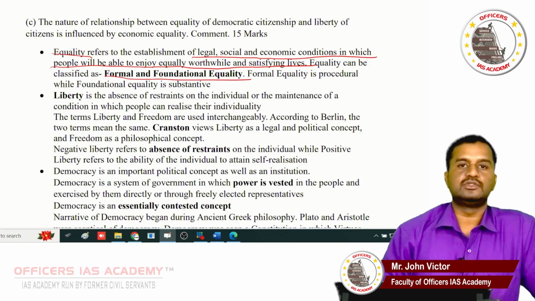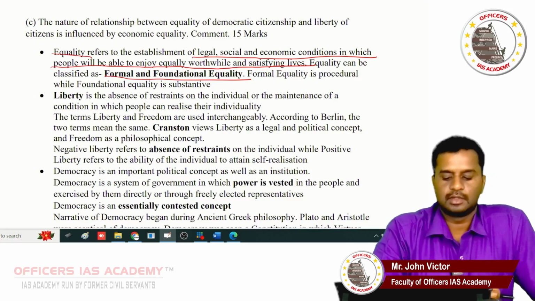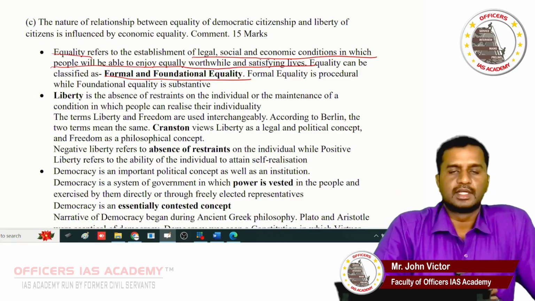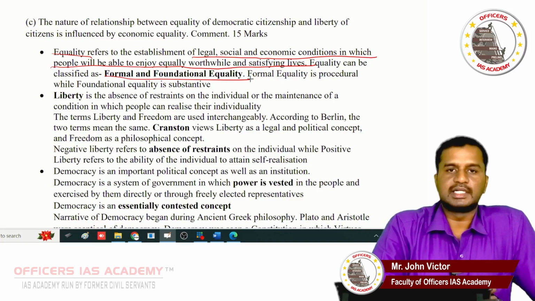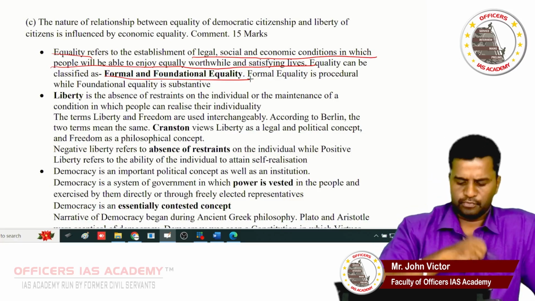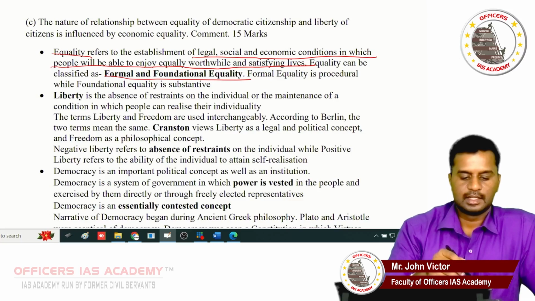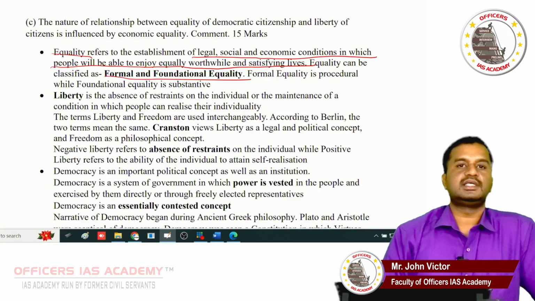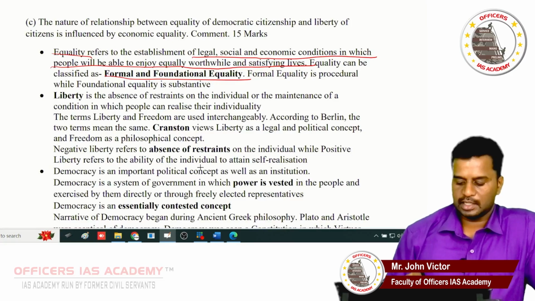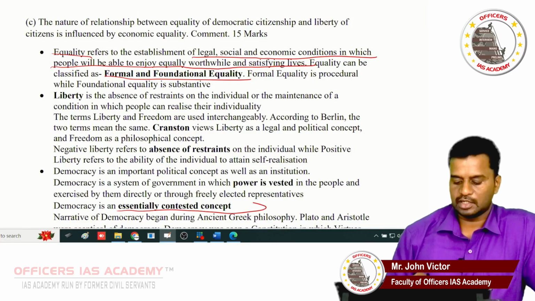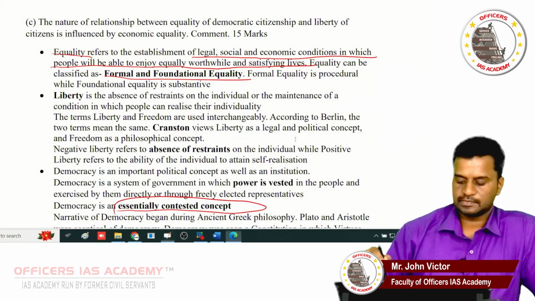It can also be seen through substantive equality and procedural equality. Procedural equality is related to formal equality, substantive equality to foundational equality. Like power, democracy, liberty, and so on, equality is also an essentially contested concept in political science.